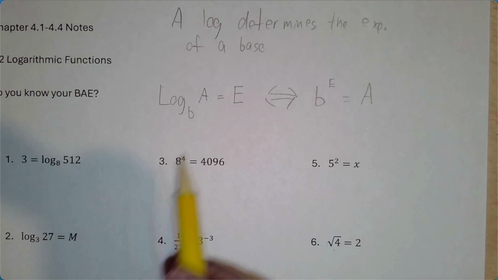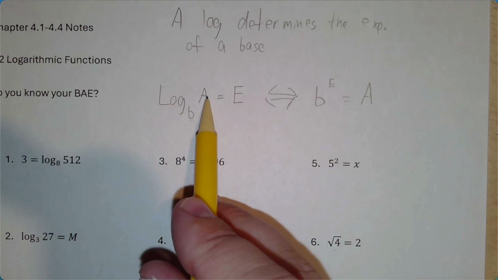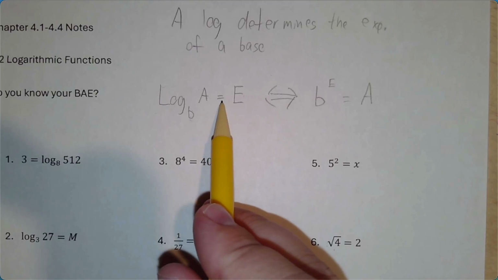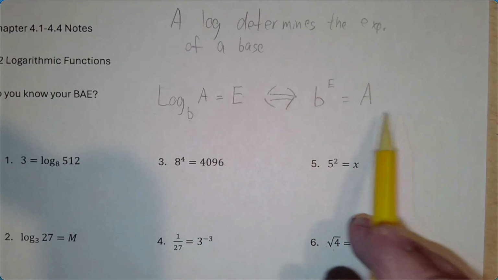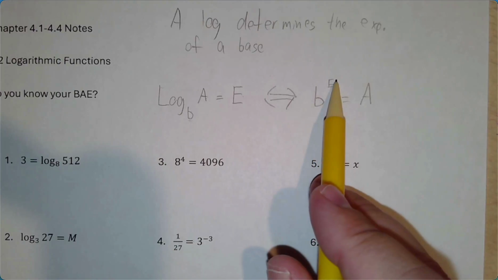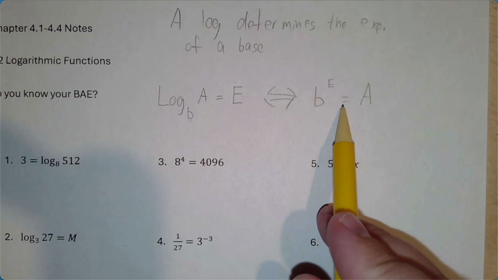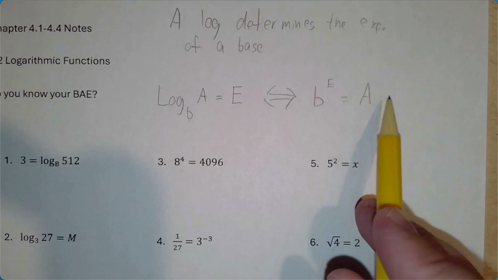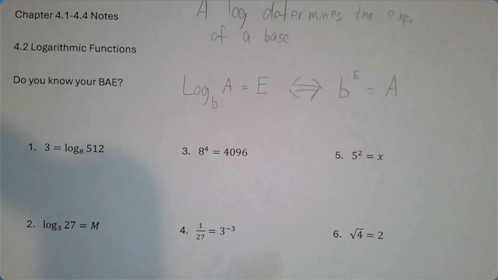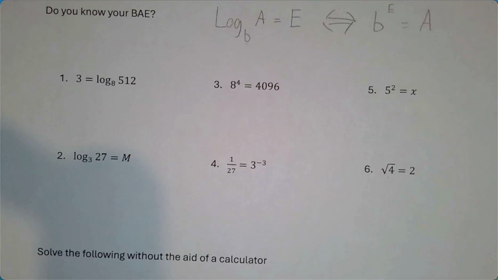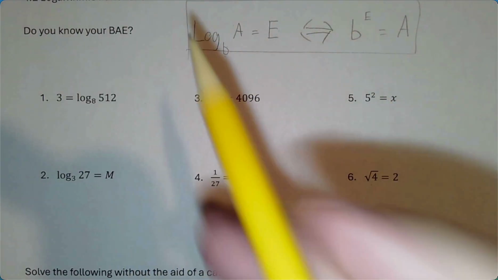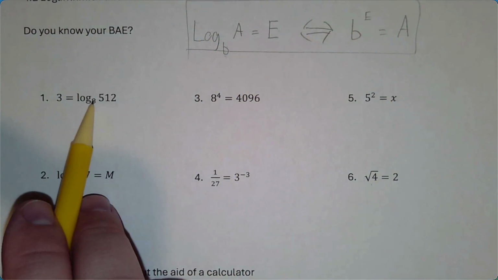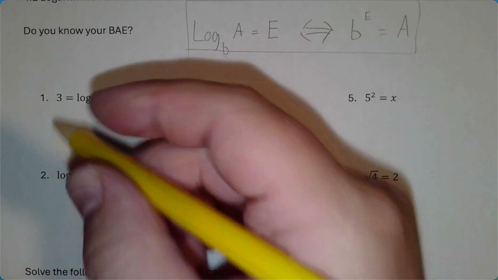But again, the log has a base, there is an answer, and the other side of the equal sign, or what it determines, is the exponent. Or there's a number that can be raised to an exponent, and the answer of that is something. So how do we go back and forth through these? These actually go by really quick once you memorize this. Here we go. Like I said, there's a base of 8. The answer is 512.